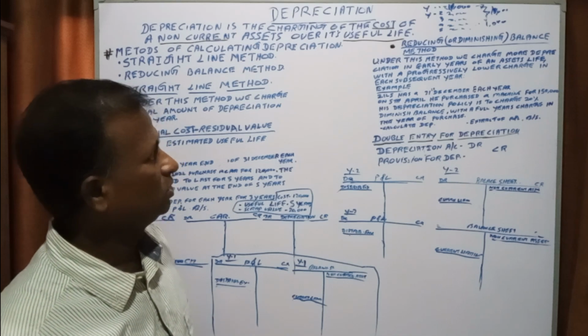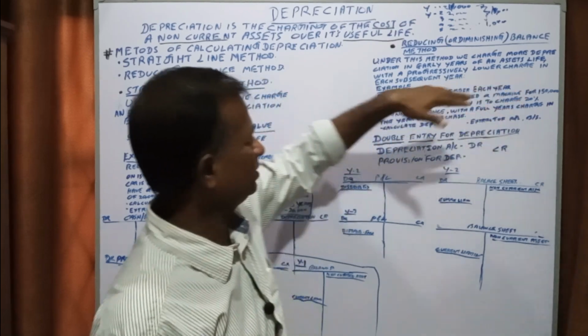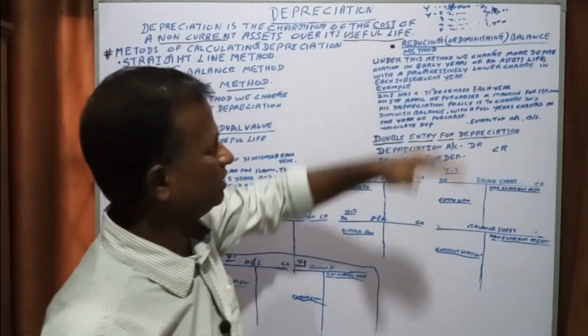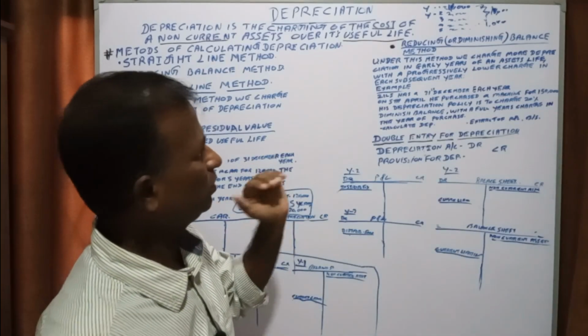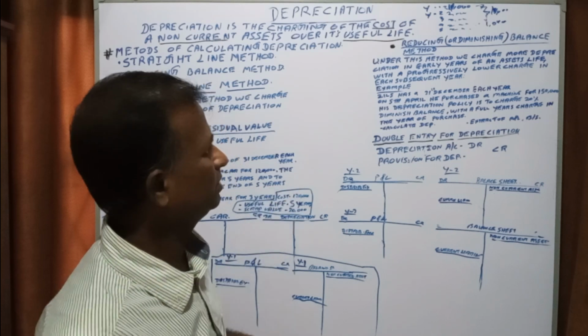Under this method, we charge more depreciation in the early years with a progressively lower charge in each subsequent year.